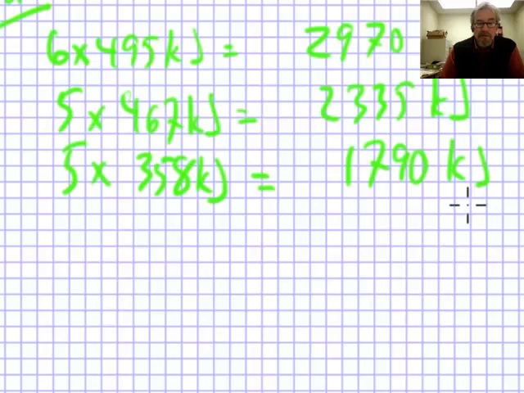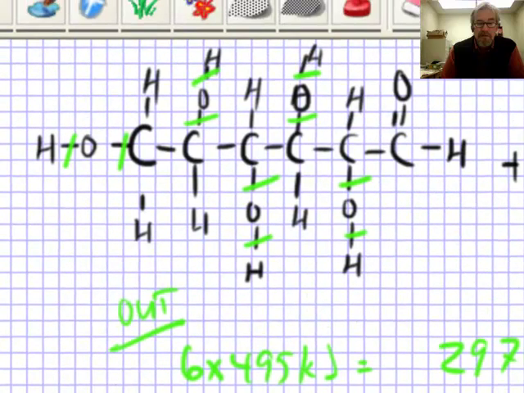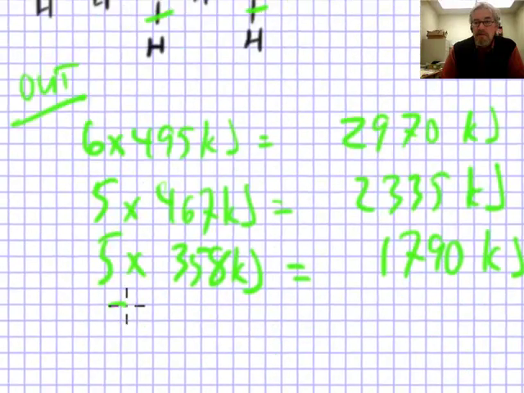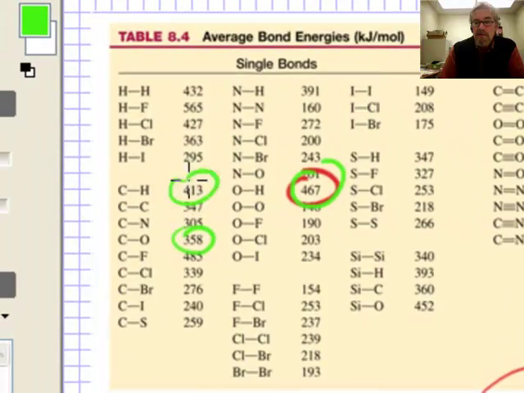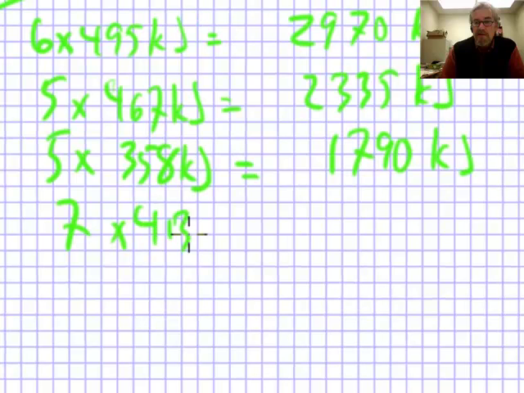There are also going to be some CH bonds that we're going to form. 1, 2, 3, 4, 5, 6, 7 of them. So 7 times a CH bond is 413 kilojoules. That's going to give me a total of 2,891 kilojoules.